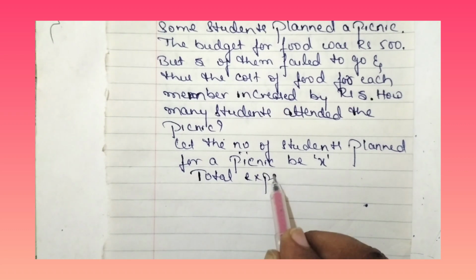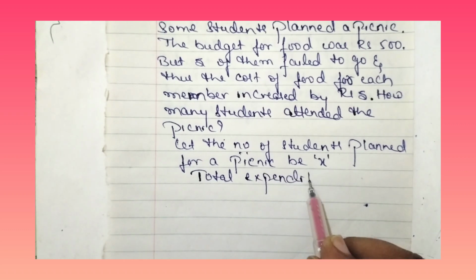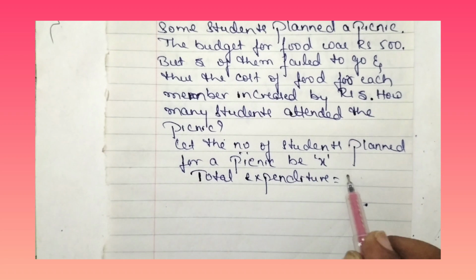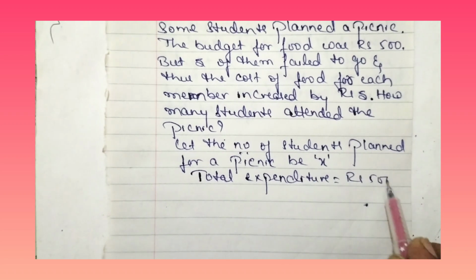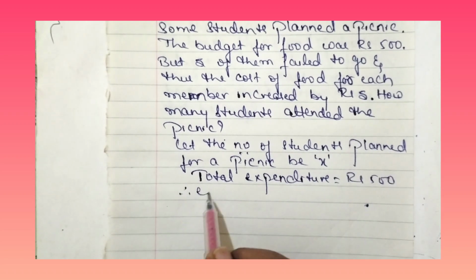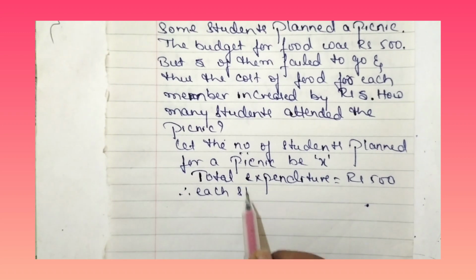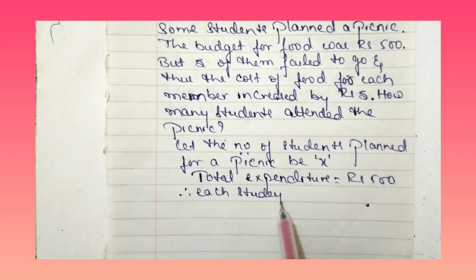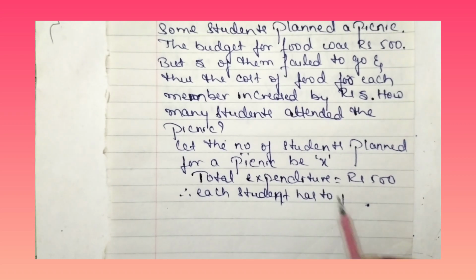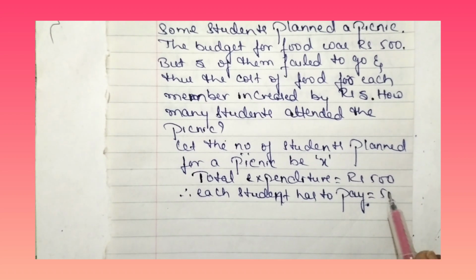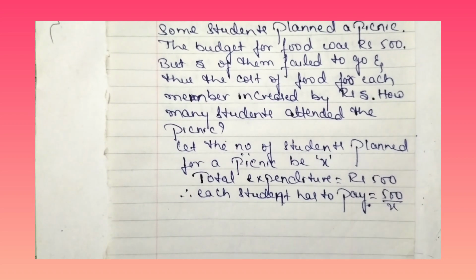For x students, what will be the total expenditure? So total expenditure is equal to rupees 500. Therefore each student has to pay that is equal to 500 divided by x rupees.